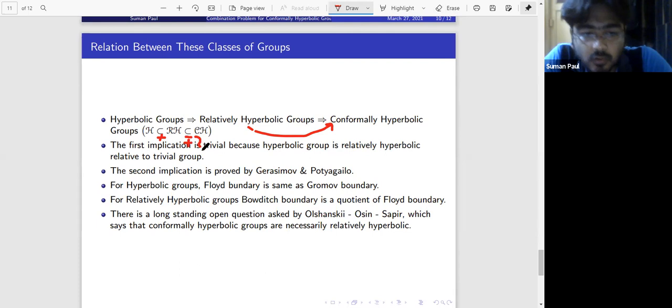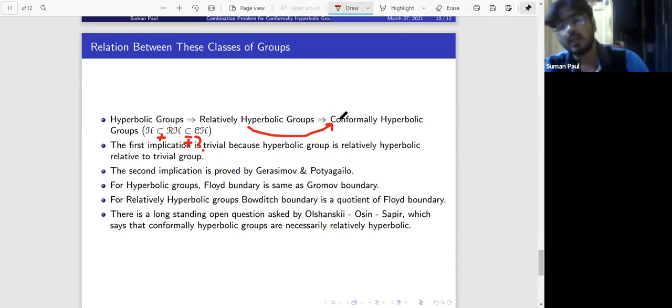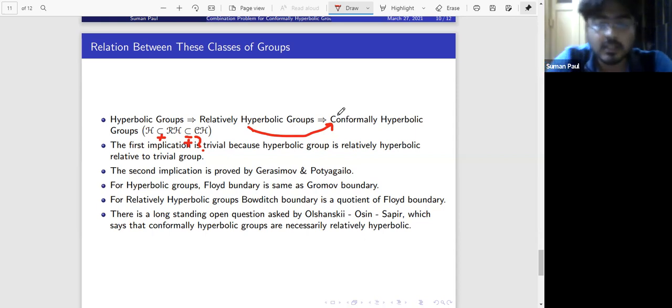it is not known. This is a very long-standing open question by Olshanskii, Osin and Sapir, which says that conformally hyperbolic groups are essentially and necessarily relatively hyperbolic. So there is no known example of a conformally hyperbolic group which is not relatively hyperbolic.